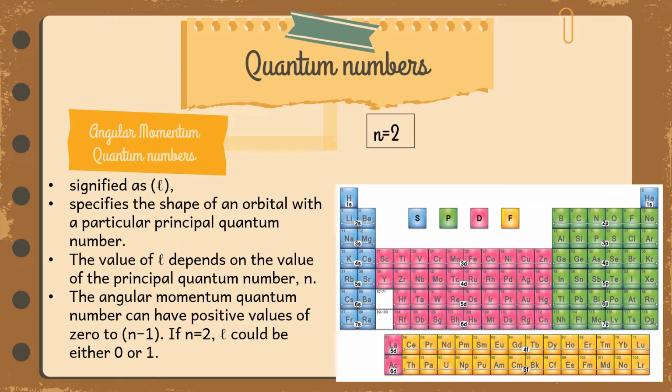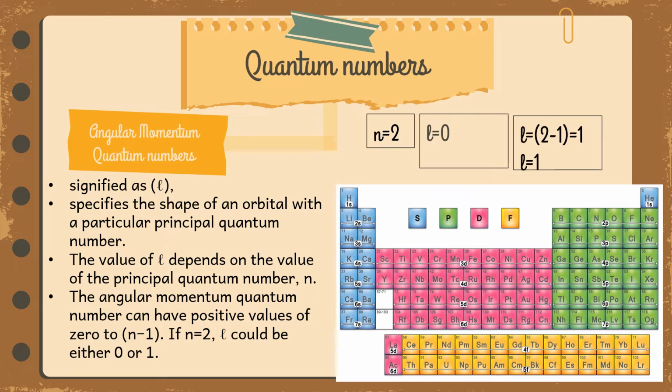So if we have principal quantum number 2, the angular momentum quantum number could be either 0 or n minus 1, which equals 1.